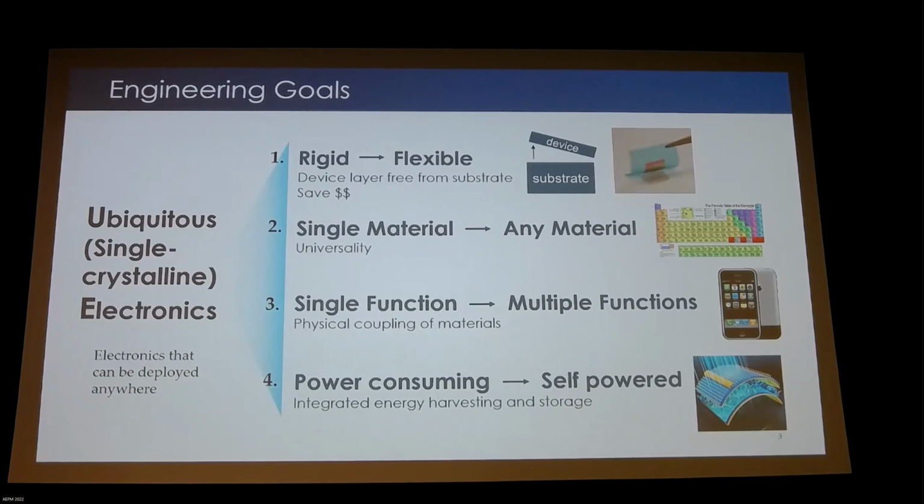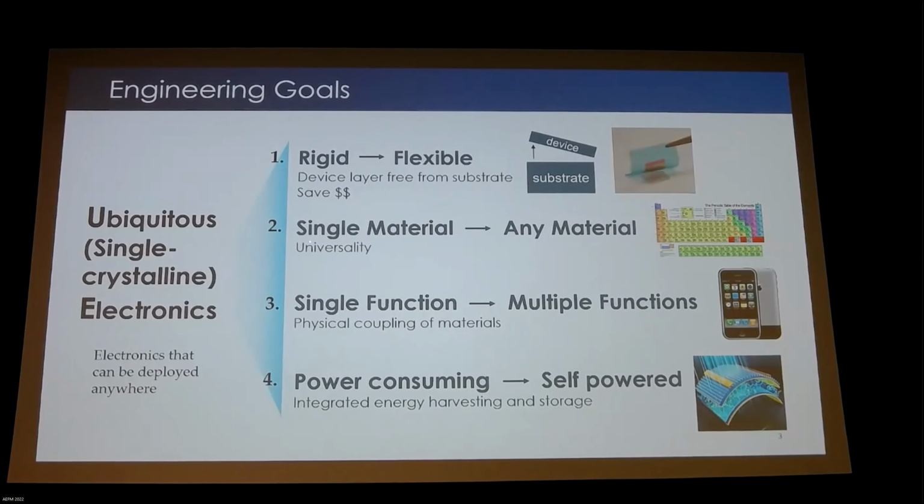First, we have to move away from rigid devices and create flexible devices so that they can be stuck or deployed on very rough, non-flat surfaces. It also allows us to save a lot of money because we are potentially able to reuse the substrate, and that allows us to create very cheap electronic devices that everybody can afford.